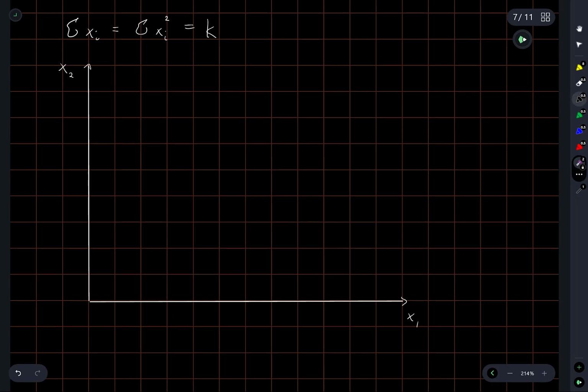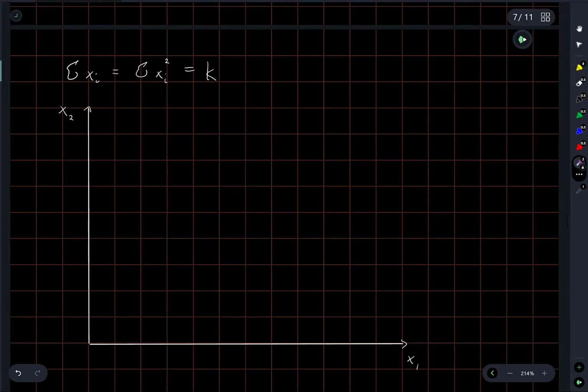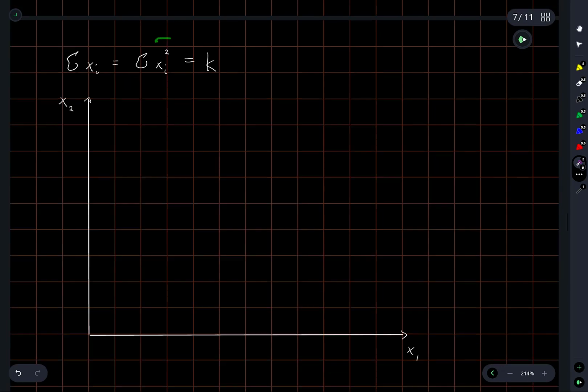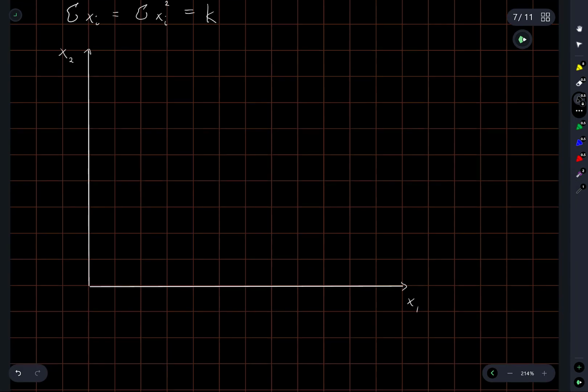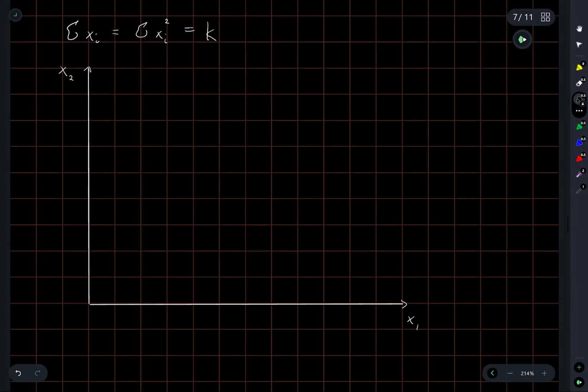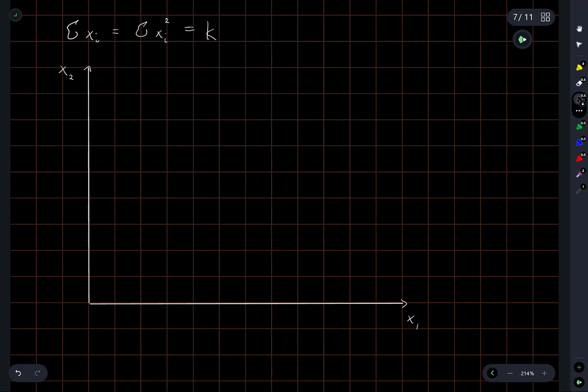So if I look at just this, the collection of x1 and x2 that satisfy this gives me a circle, and the collection of x1 and x2 that satisfy this equality gives me a straight line. Of course, depending on the value of k, the circle and straight line will intersect in different places. I'm also going to restrict myself for the moment to looking at only positive values of x1 and x2, just to see what happens here.